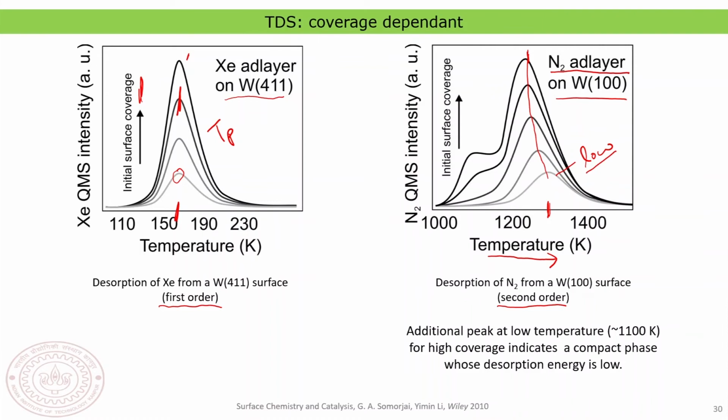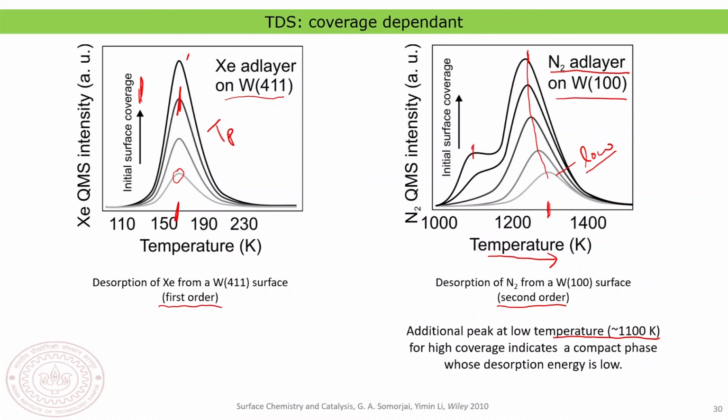Now there is another interesting aspect that you would also see, that you have an additional peak somewhere around 1100 Kelvin. That is a peak here. And this shows you that the molecules have a slightly different type of packing. Of course we have seen the different types of packing, like 1 by 1, 2 by 2, root 2 by root 2.